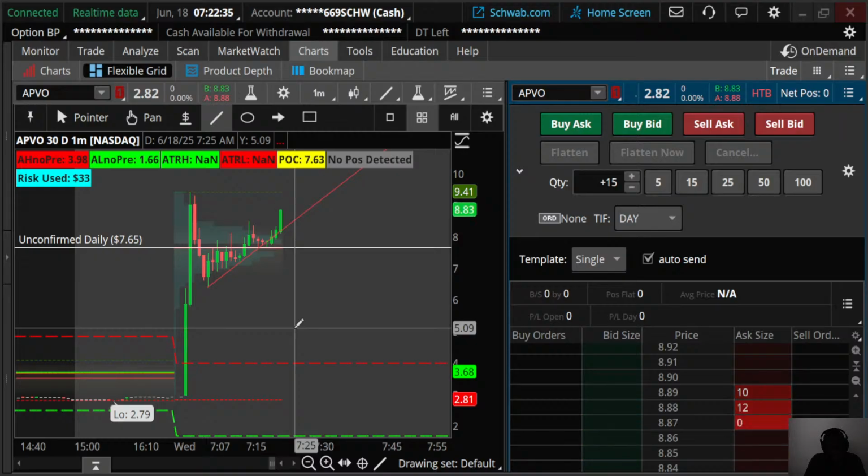Going up there towards the top. Very steep curve for sure.